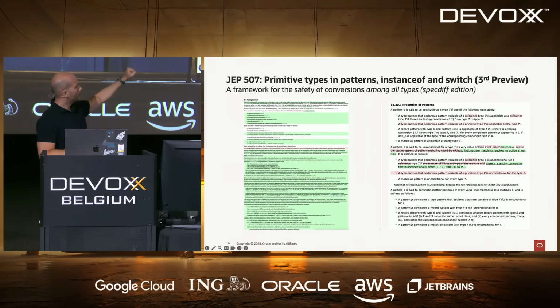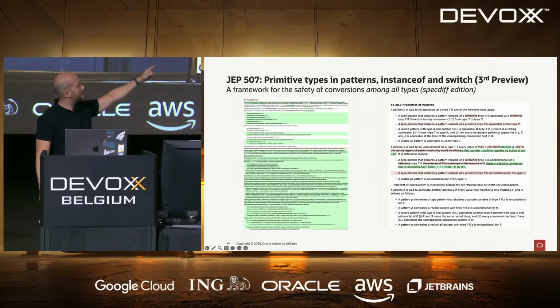So we dropped the restriction from applicability. The reference is crossed out. Now it works for everything. Before, primitive patterns, like a primitive type T, could also be matched by the same type T. So this is crossed out now because all conversions are allowed. And then unconditionality, it was all about subtyping.